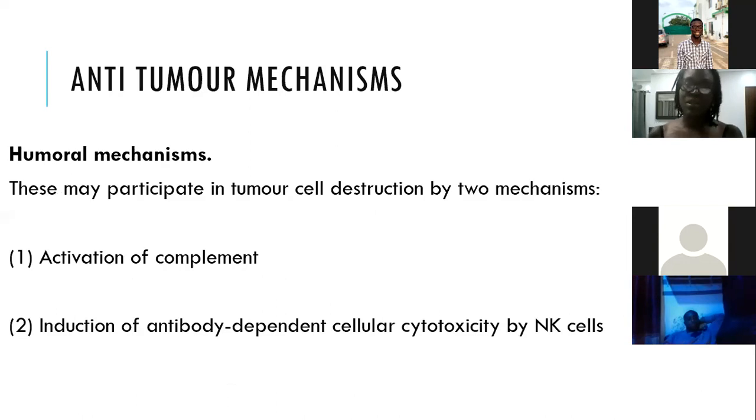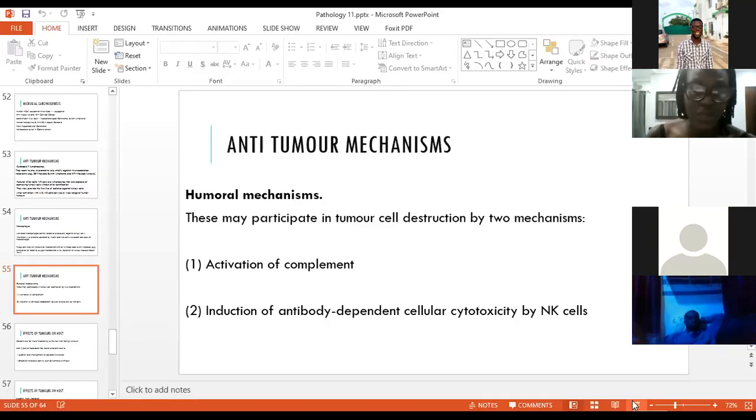Then the body also has the humoral mechanism, the complement, and the cytotoxic activity of antibody-dependent cells. So these are ways by which the body fights off cancer. However, you realize that despite these, the cancer can still occur.